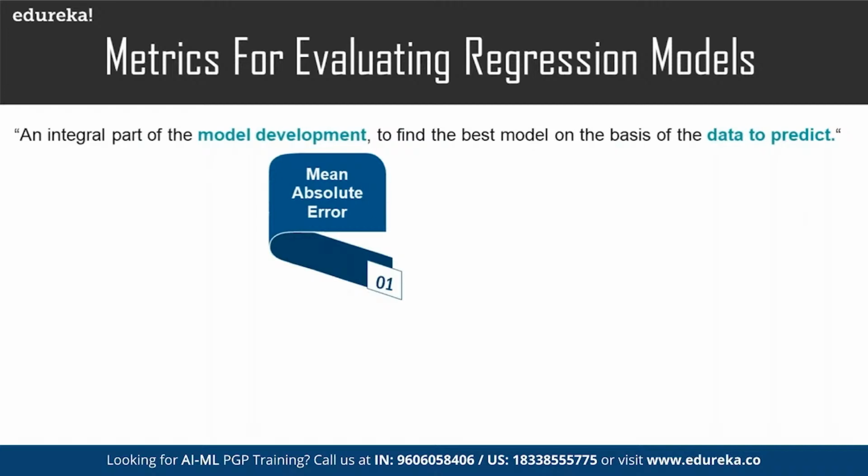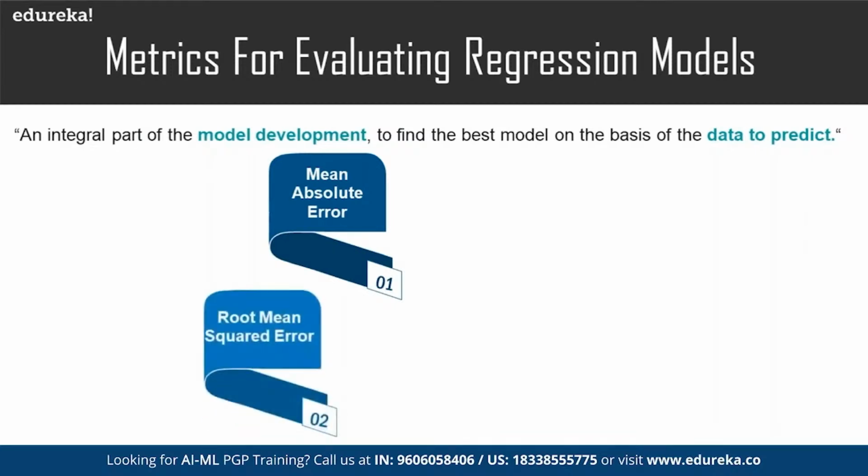So the next one, the mean absolute error, is again such an important metric, and root mean squared error, or RMSE in short, and mean absolute error, MAE in short. And again, we have mathematical formulas given for all of these, and RMSE is predominantly the most used error metric while we go about evaluating a regression model.